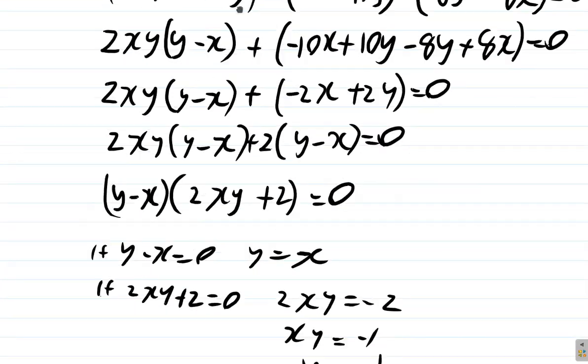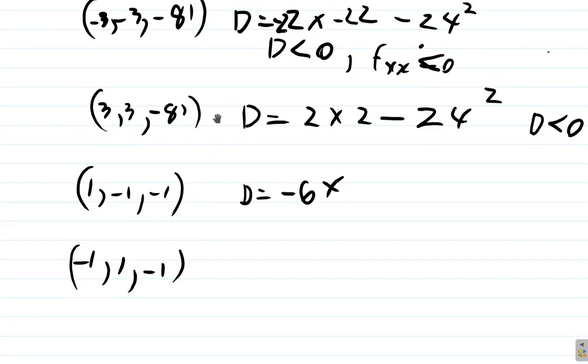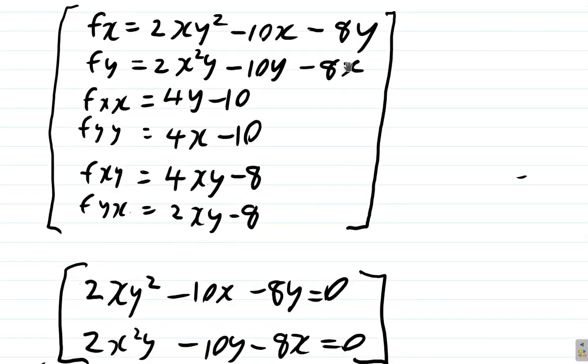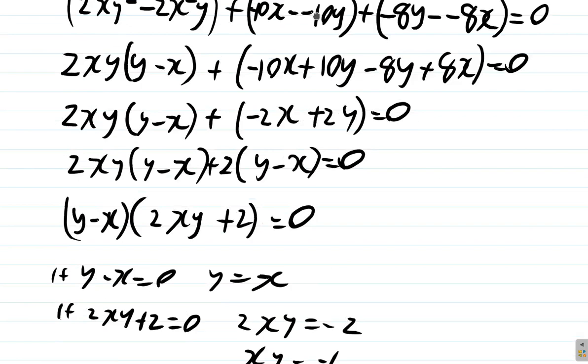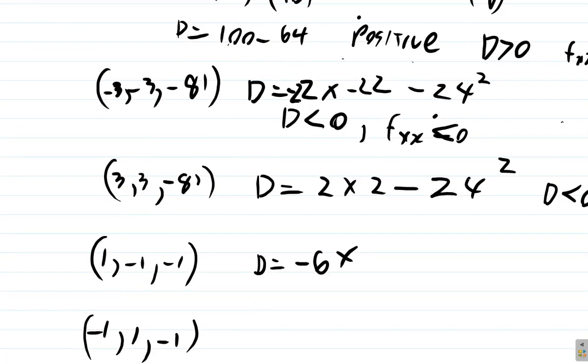Remember, we're looking at 1, negative 1, x is 1, y is negative 1. When x is 1, y is negative 1, here fxx would be negative 4 minus 10, which is negative 14, right? It would be negative 14 here, not negative 6.